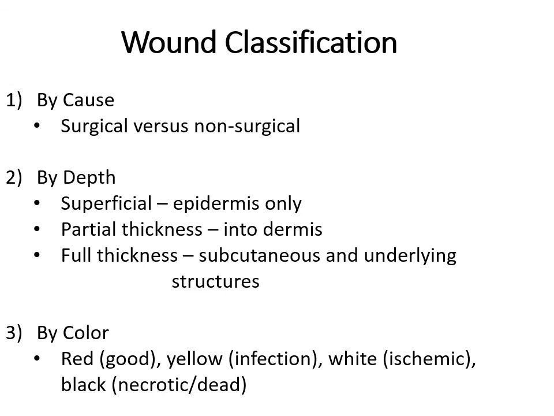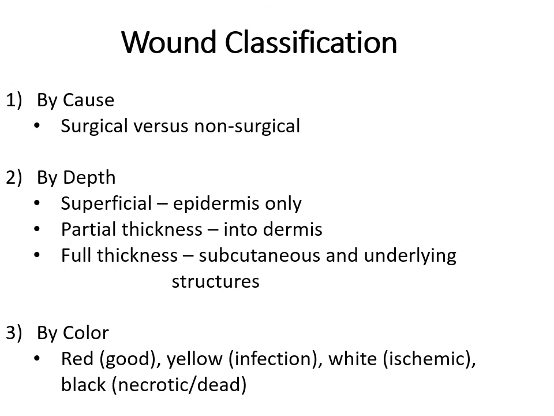We can also classify wounds by their appearance. A wound that has a nice red, pinkish color is reassuring. It means that the inflammation is occurring and there's wound healing taking place. A yellow appearing wound or yellow discharge is usually an indication of an infection.